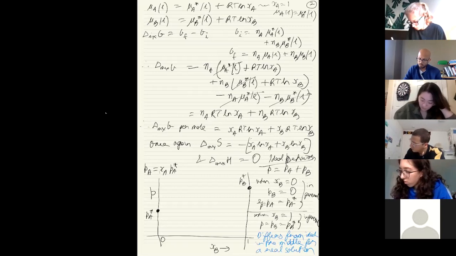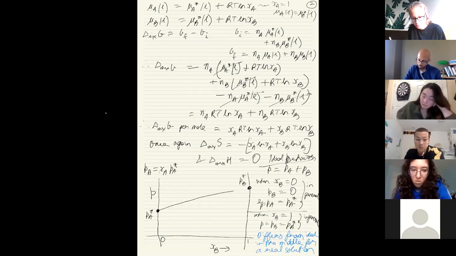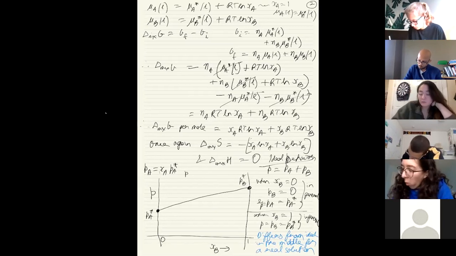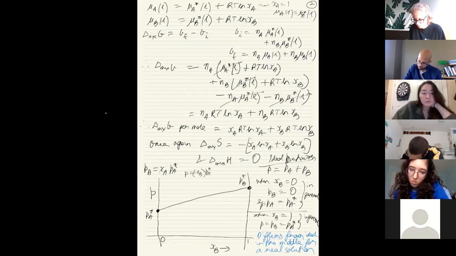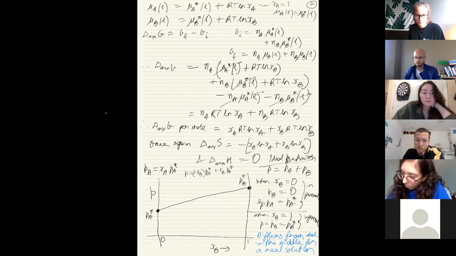It's just going to be linear, right? For an ideal solution, this curve will be exactly linear because P is equal to 1 minus XB multiplied by PA star plus XB multiplied by PB star. This is the equation of a straight line, right? PA star and PB star are just two numbers and it is linear in XB. So it looks like this.